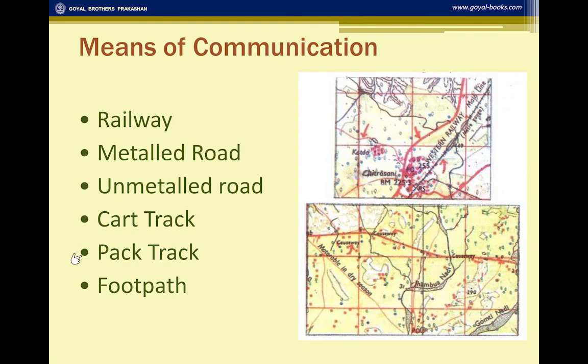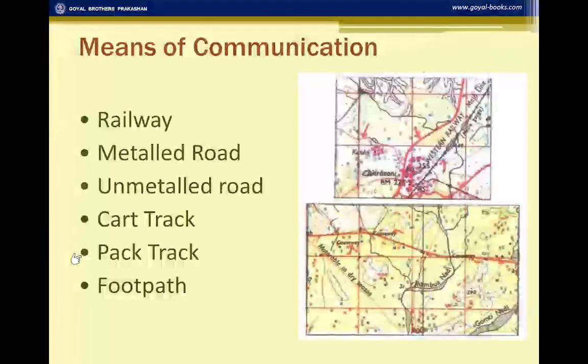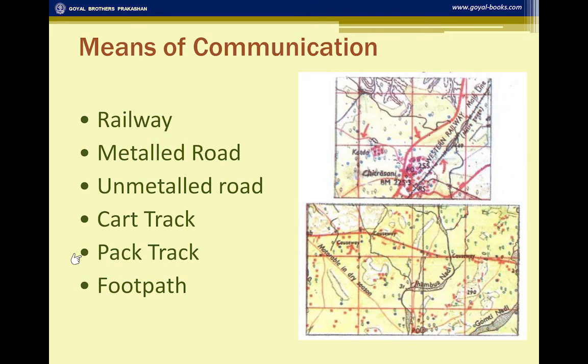Then you have pack tracks and footpaths. You can see the footpath is shown with small dots, which show a path made by foot, and it is very easily accessible.